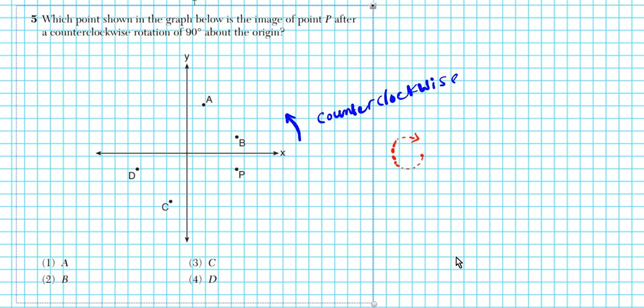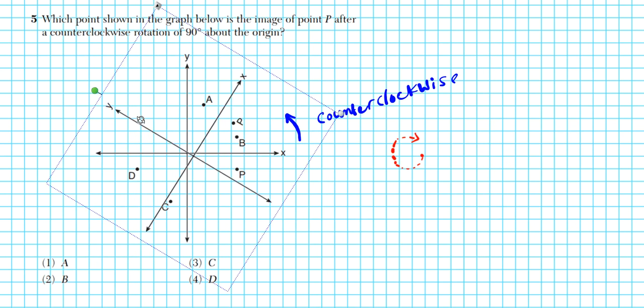Okay, let me do a short visualization here just to help you get the point. So I drew two graphs on top of each other. I want you just to focus your attention on what's happening with point P as we rotate counterclockwise, okay? This might look a little bit messy, but just observe. So let's keep moving.